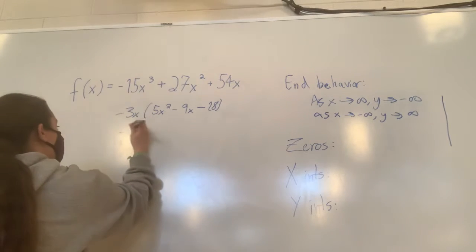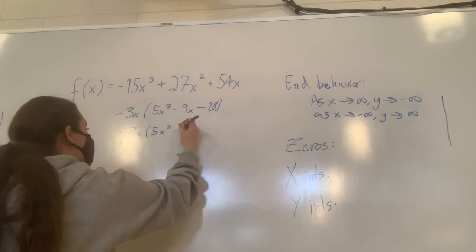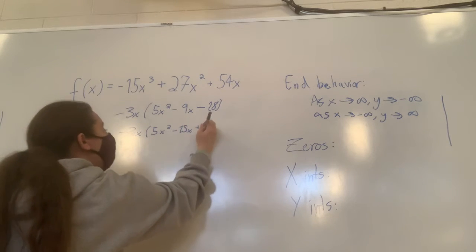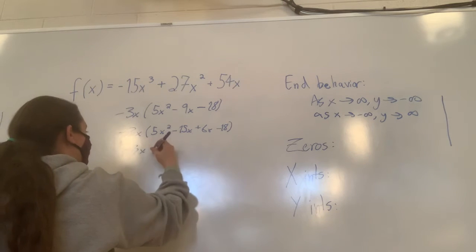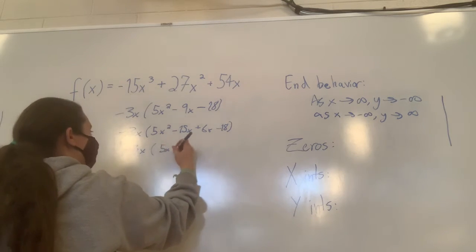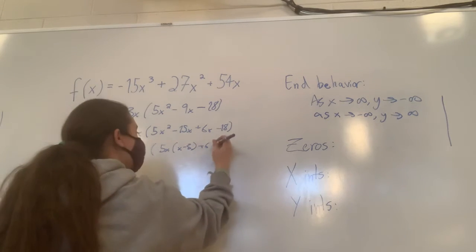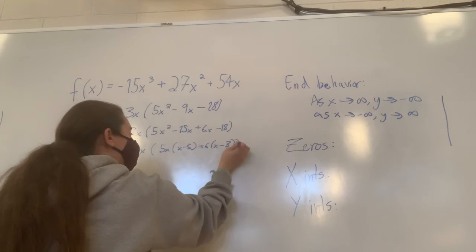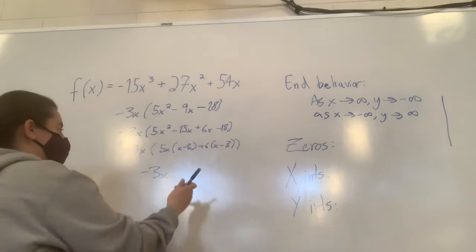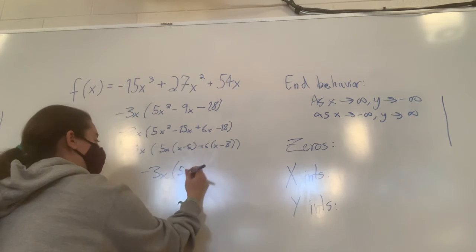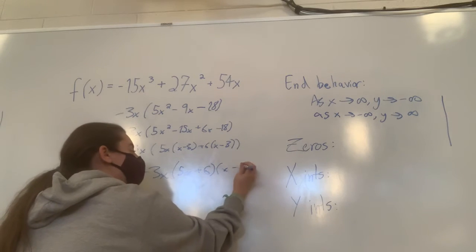That gives us 3x, 5x to the second, minus 15x, plus 6x minus 18. You take out the 5x, you get x minus 3, then you take out the 6, get x minus 3 again, leaving you with your total factored form of negative 3x times 5x plus 6 times x minus 3.